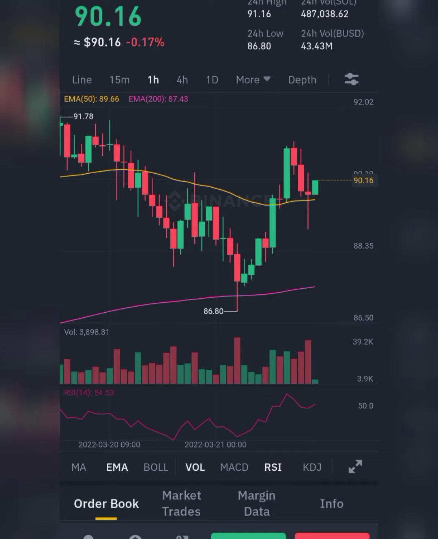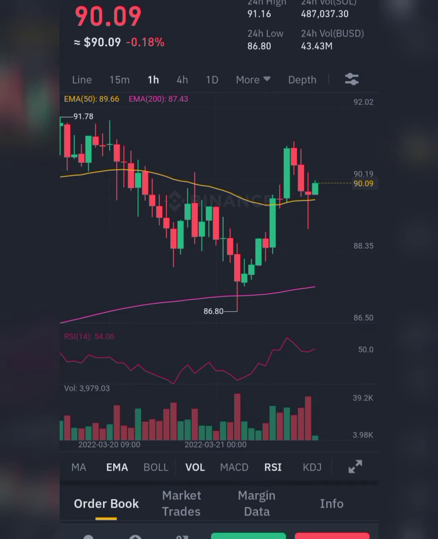So the RSI, which is the relative strength index, will show you what is going on. Or if you do not want to go through that route, you can just simply use your volume indicator here on Binance. Okay, just toggle it on, your volume indicator.